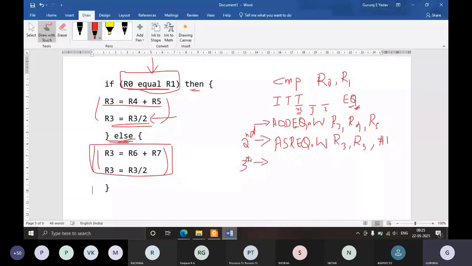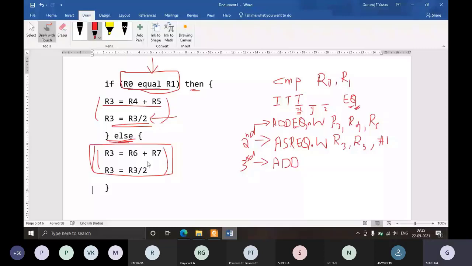So the third statement. What is the third statement? R3 is equal to R6 plus R7. So you have to add R6 with R7. So ADD. Fine. So what is the condition now? It is not equal, because this statement should execute whenever R0 is not equal to R1.